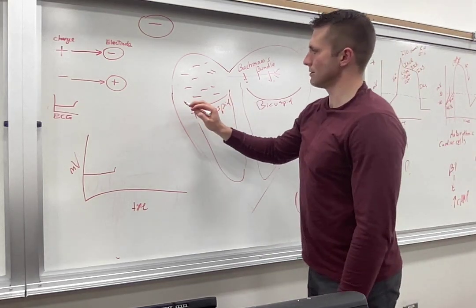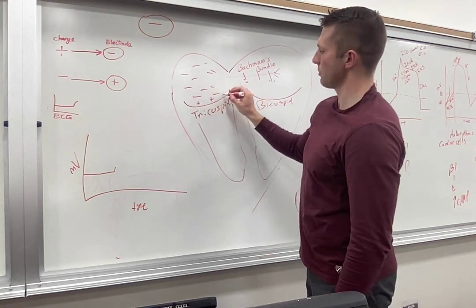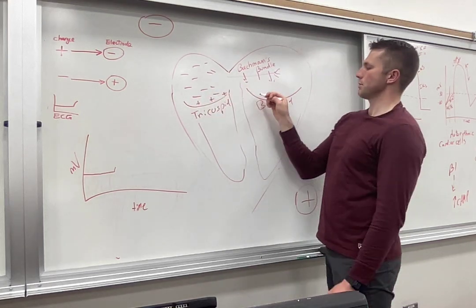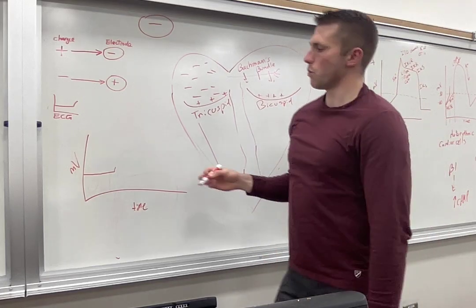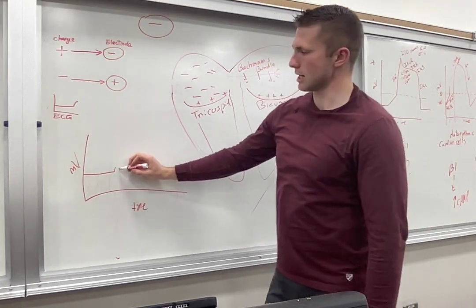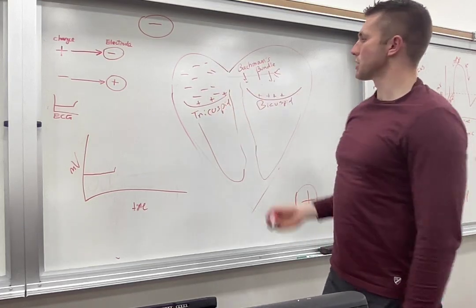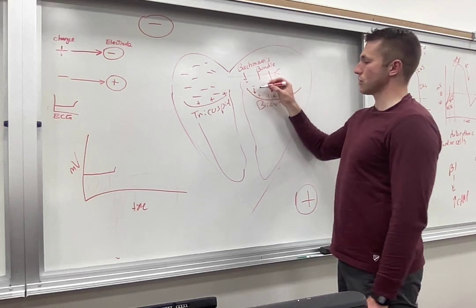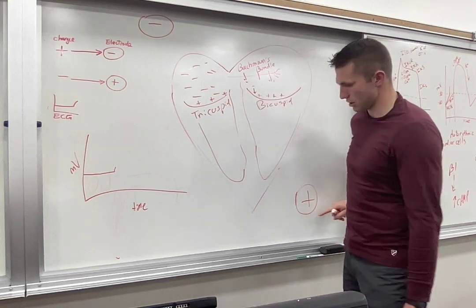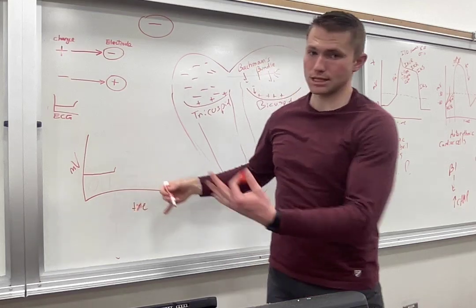But before we finish, let's say we're at this point where there's just a few little positives left. Well, the ECG is like, most of it's negative, but we're still having a negative charge vector traveling towards a positive electrode. And this is in time.